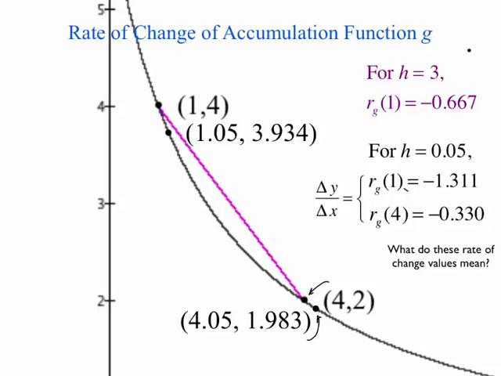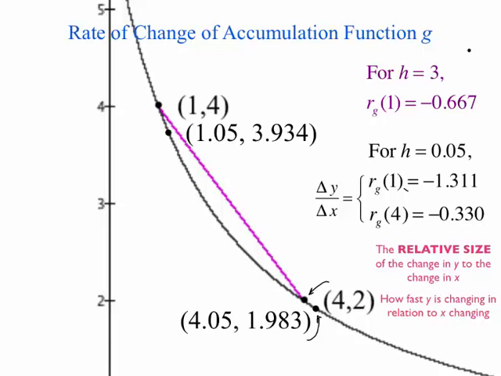Relative size, right? So it's the relative size of the change in y to the change in x. And what does that mean? That is how fast y is changing in relation to x changing. Okay, so up here at 1, let's just erase a little bit.